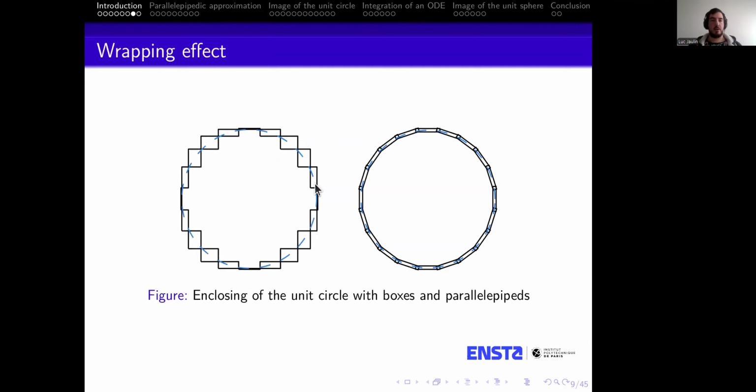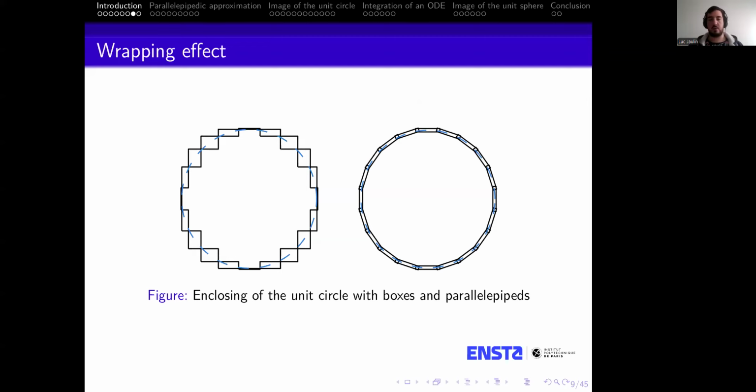And so the idea that we had at this point was that maybe, as you can see on the right, we can use parallelepipeds to fit best to the unit circle or to the shape of the boundary to limit this pessimism and to have a more precise idea of the reachable set.